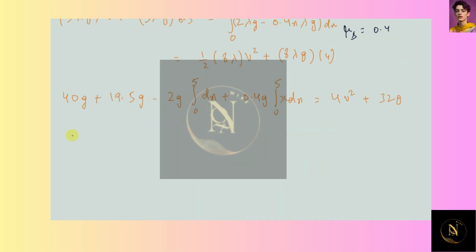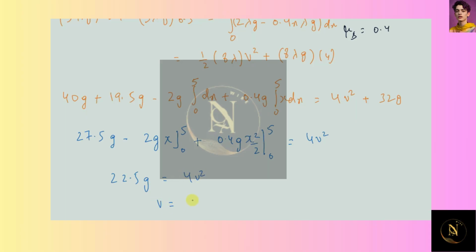Now we're going to further simplify it and we'll get 27.5 g minus 2 g times this integration, which would be x, with limit from 0 to 5, plus 0.4 g times x square divided by 2, with limit from 0 to 5, is equal to 4 v square. We have taken 32 g towards the right side. So finally from here we'll get the value as 22.5 g is equal to 4 v square.